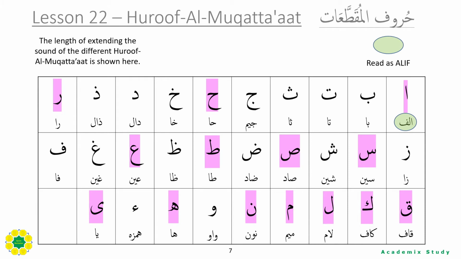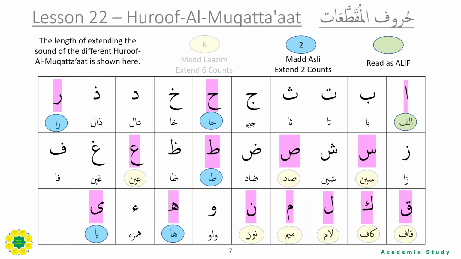Alif will be simply read as alif. There is no vowel sign on it. All the ones that are highlighted here in blue will be extended to 2 counts. The remaining letters that form Huroof Al-Muqatta'aat, shown here in yellow, will be extended to 6 counts.